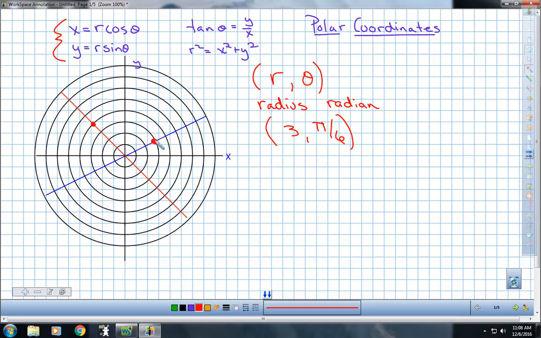And then how about if you plotted the point (4, 3 pi over 4)? On the graph that I handed you, plot the point (4, 3 pi over 4).